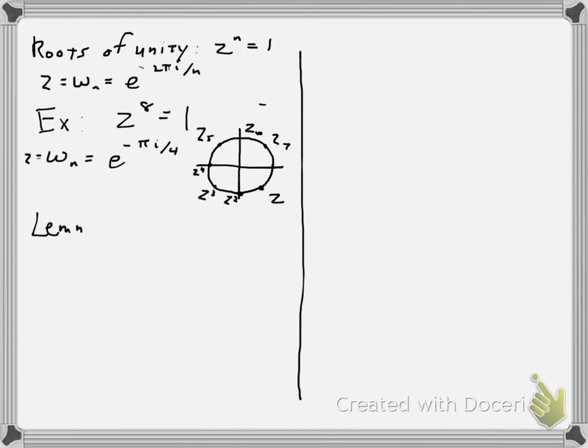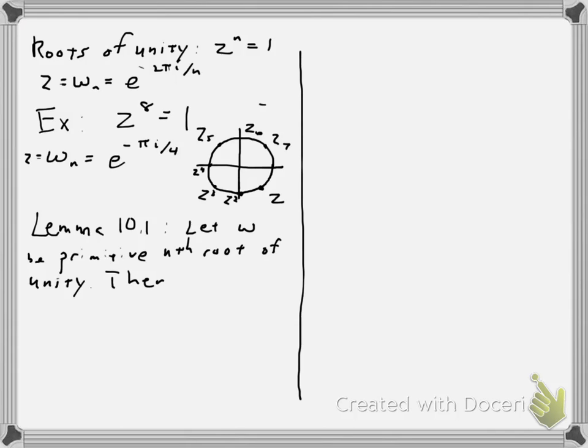Lemma 10.1: let omega be a primitive nth root of unity. It can be any primitive nth root of unity. It doesn't have to be the omega sub n that I defined previously. Then we have the following result.